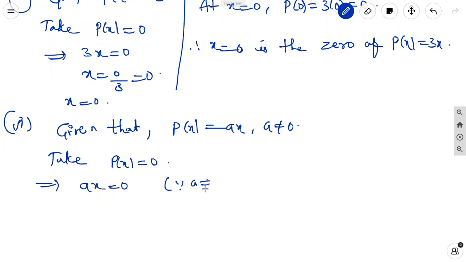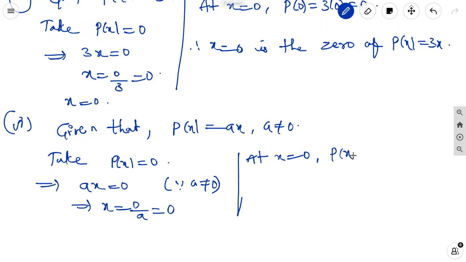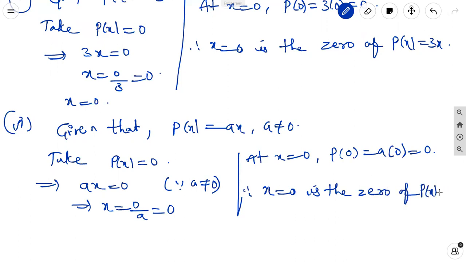Since a is not equal to 0, then x equal to 0 by a equal to 0. Check it. At x equal to 0, p of 0 equal to a into 0 equal to 0. Therefore, x equal to 0 is the 0 of p of x equal to ax.